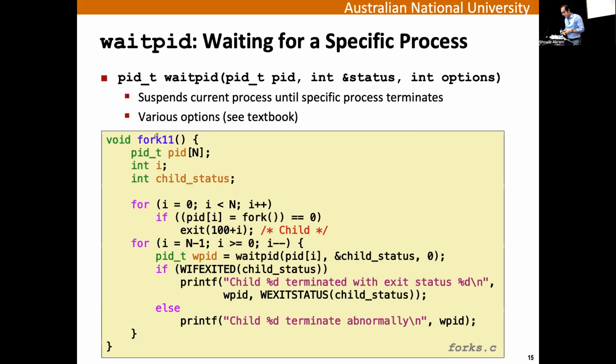So for that, we have the waitpid system call. The waitpid system call is different. It takes a specific PID that the parent wants to reap.